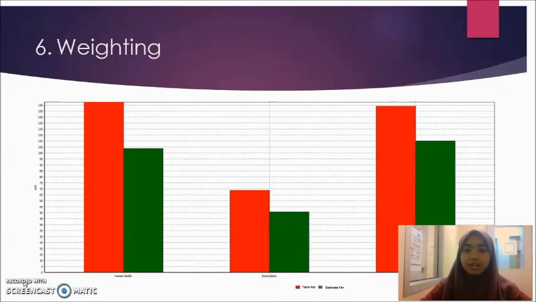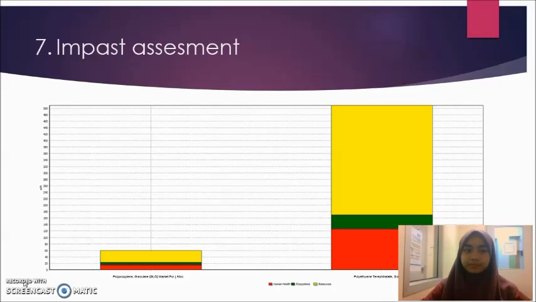For the weighting, the highest percentage is resources for the bladeless fan compared to the human health and the ecosystem, and the highest human health percentage is the table fan compared to the ecosystem and the resources.